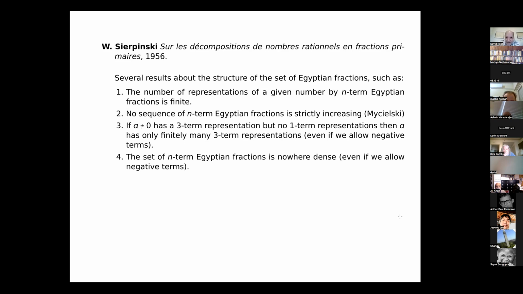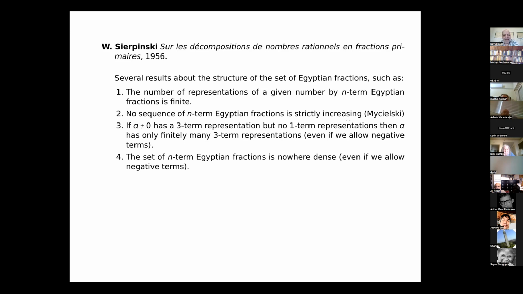You write it out as an Egyptian fraction, but it's really a real number. So if you've got a sequence of real numbers, each of which can be represented as an n-term Egyptian fraction, it can't be strictly increasing. You mean it can't be an infinite sequence? Infinite sequence, sure. Okay. Yeah, that's right. No infinite sequence is strictly increasing.